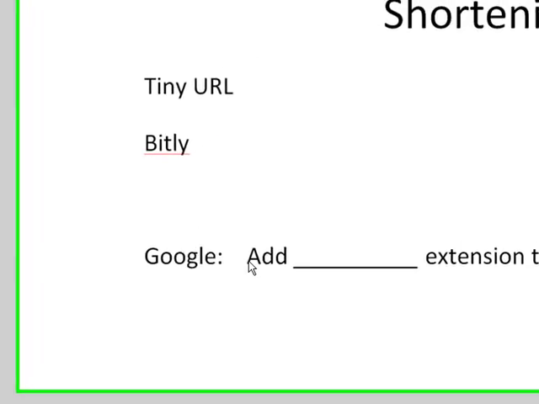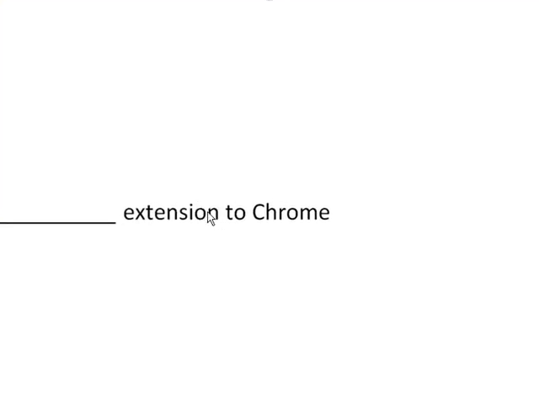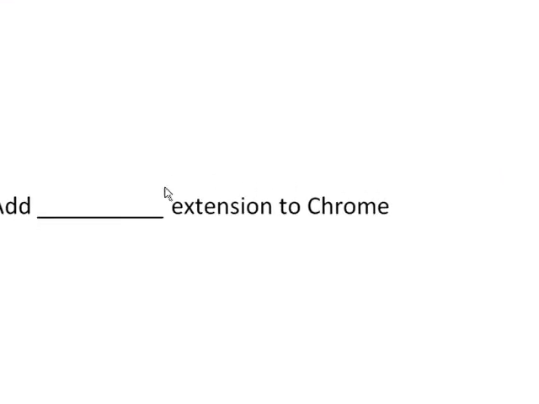And you type in add tinyURL or Bitly extension to Chrome. Extensions are mini programs that work in your browser, usually by clicking on an icon, and work smoothly to do something that you want to do rather regularly.